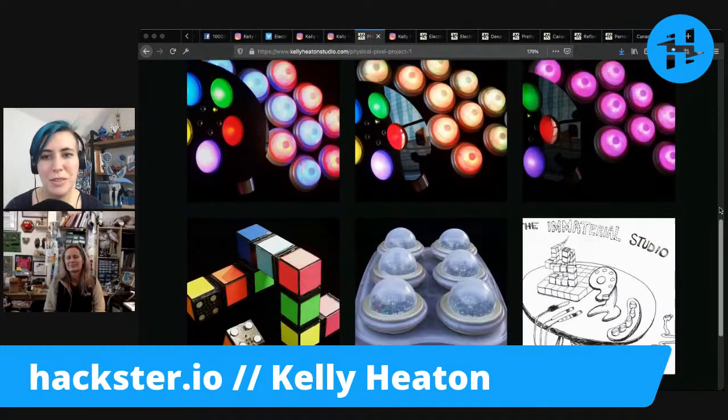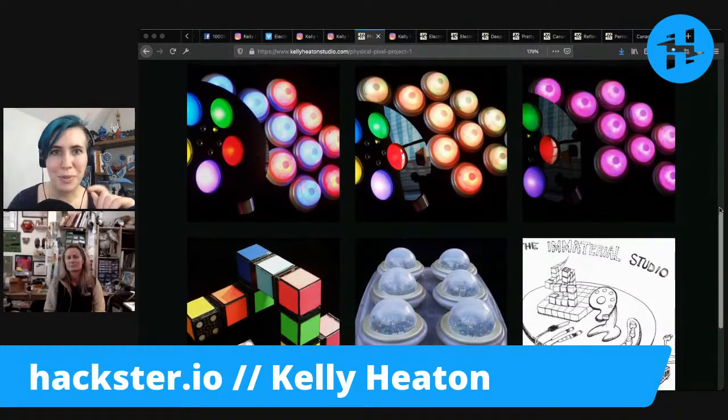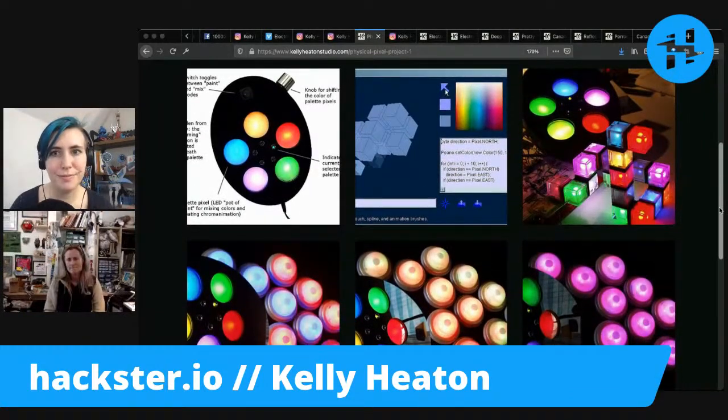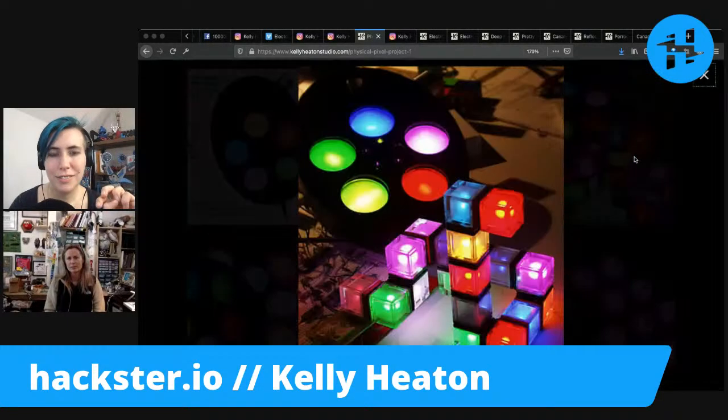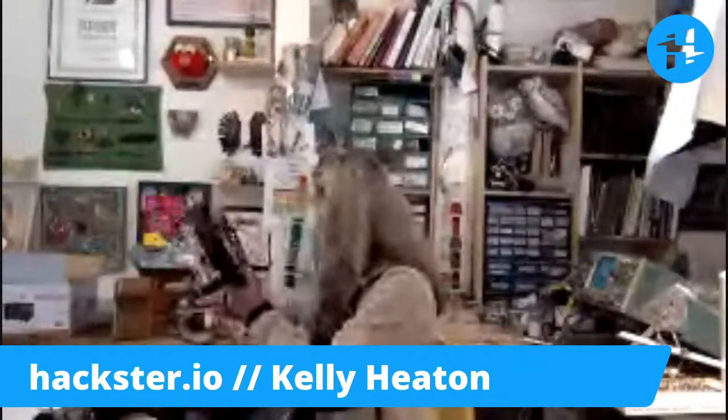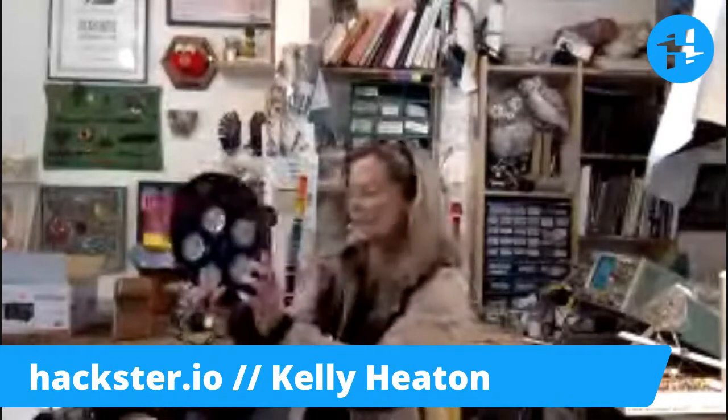And you made three different types of physical pixels that you could program with colors? Yeah. The one that was my thesis, I actually have all these years later. It's super old and delicate, but this is the digital palette that I just fire up here.